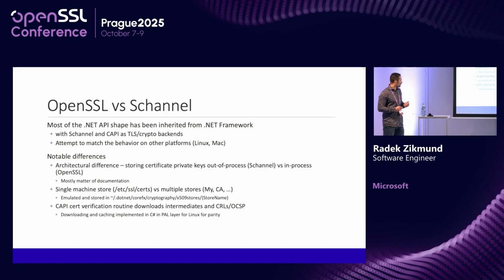And probably the most important one, or the one that I think was most visible when implementing bindings for OpenSSL, is that when verifying certificates with Schannel or the crypto API, the process which does it is willing to download all the necessary information if it was not explicitly given.